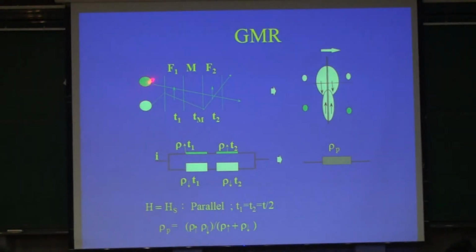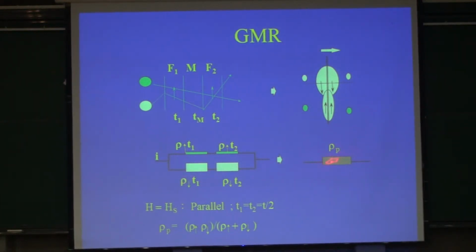The basic idea is that an up electron, if the layer is in the same direction, scatters less and can go through smoothly. A down electron entering a magnetic layer with up orientation scatters much more easily. Using a circuit picture, you have a very small resistor in series, and a large resistor in series, arranged in parallel.